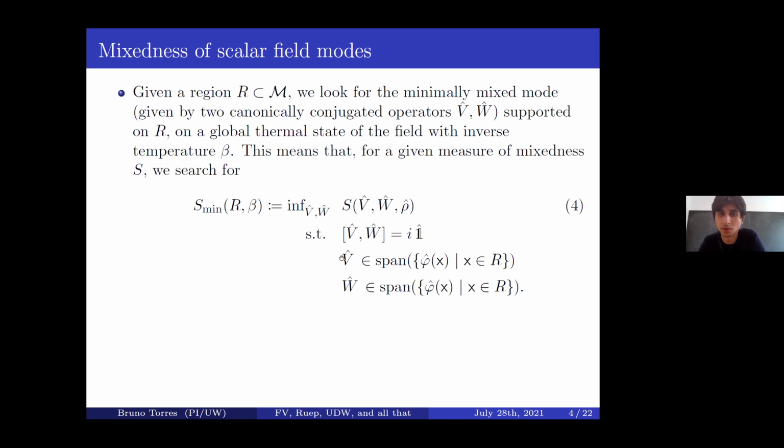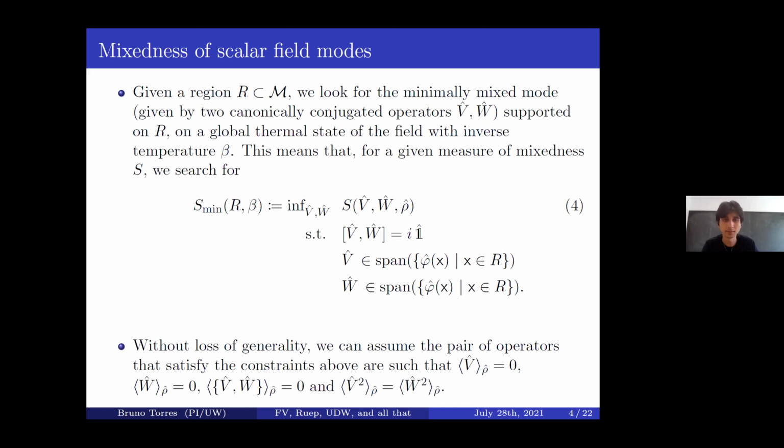under these constraints. So V and W are in the span of the field operator, let's say, along some localized region, and they commute to i times the identity. Without loss of generality, we can take these quadrature operators to be such that their expectation values are 0, the expectation value of the anti-commutator is also 0, and the variances of both of them are equal.